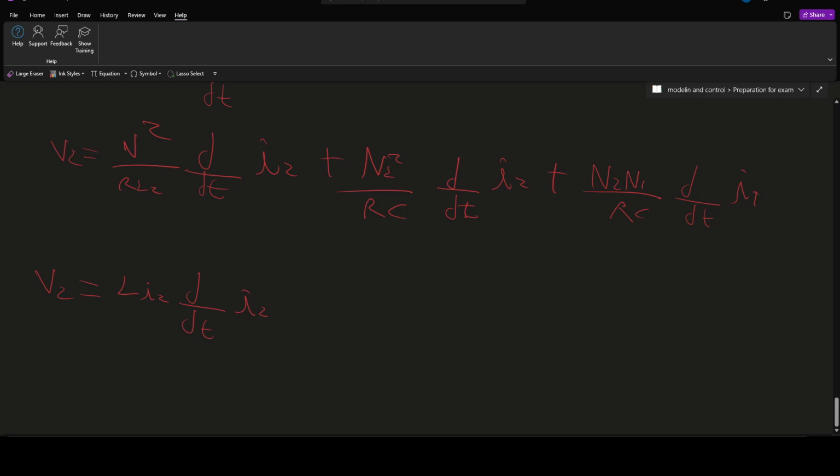So this is one of our voltages, plus we have here our magnetizing n2 squared over RC d/dt, multiplying, now it is n2 squared because I'm factorizing with this, so I'm taking this n2, putting it in here.